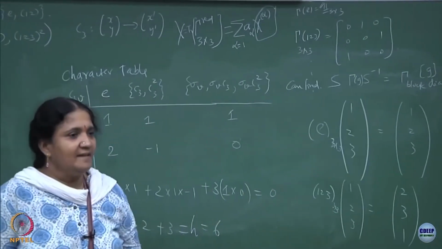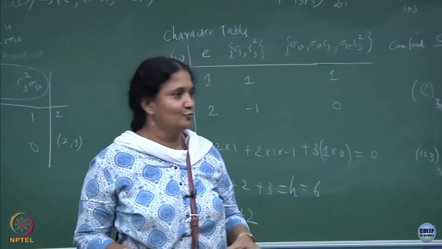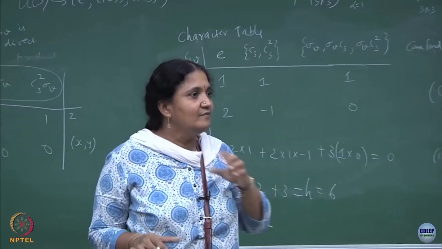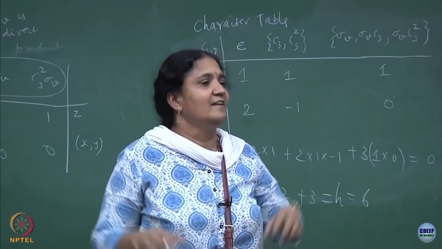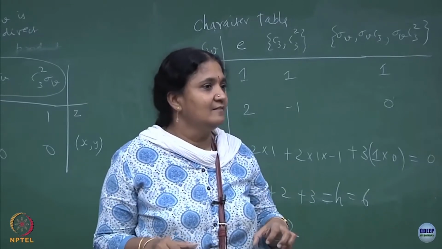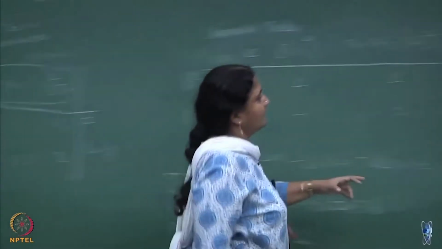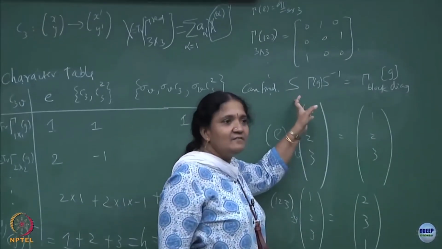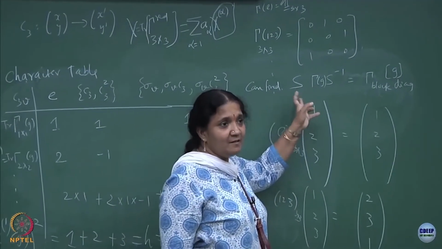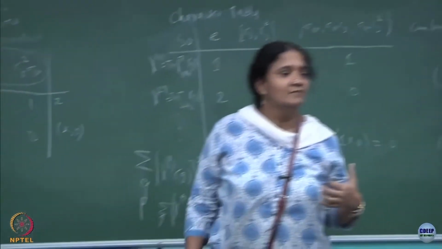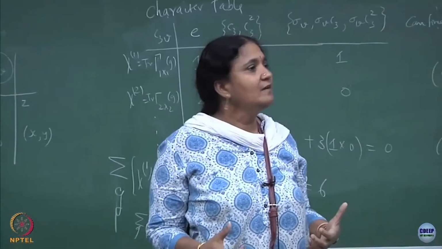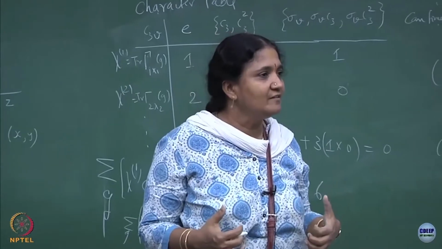So, this is the theme of the next two or three lectures, and we would like to see whether a given representation is reducible or irreducible depending on whether you can find an S, which is a non-trivial question, but we will go through the theorem which says how to find the irreducible components.